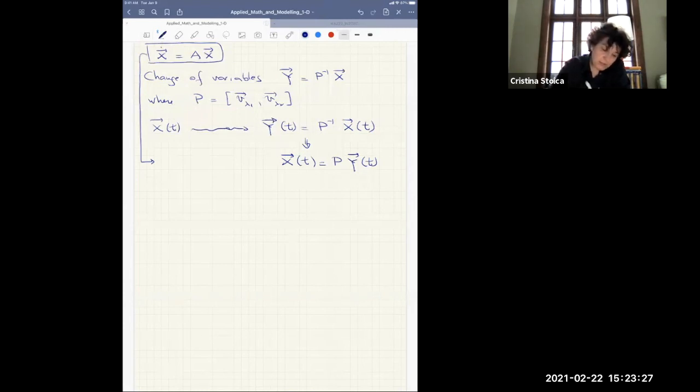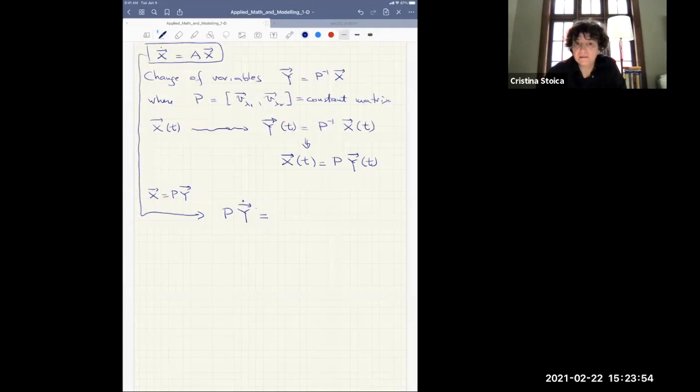So now, with x becoming Py, the left-hand side becomes P y dot, because P is a constant matrix. There are no functions inside, it's just numbers.